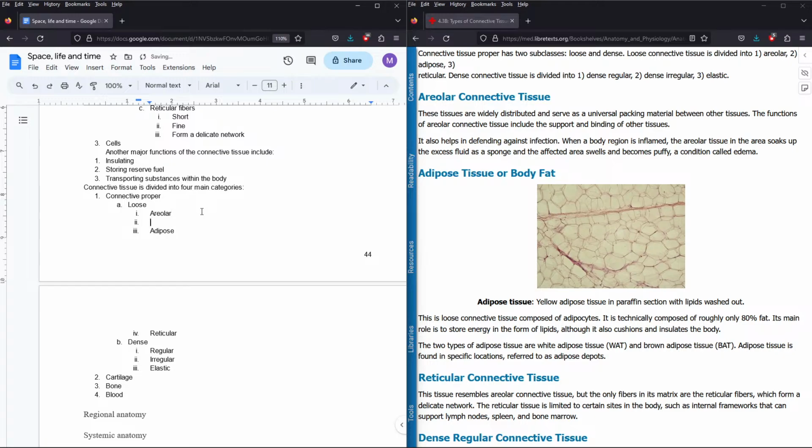All right, so areolar. It serves as a universal packing material between other tissues.